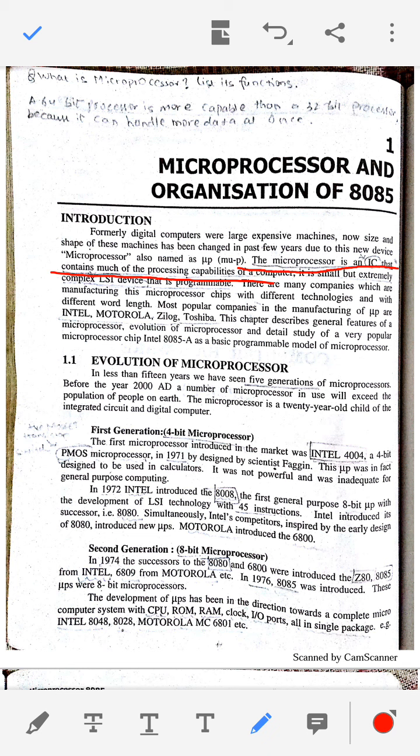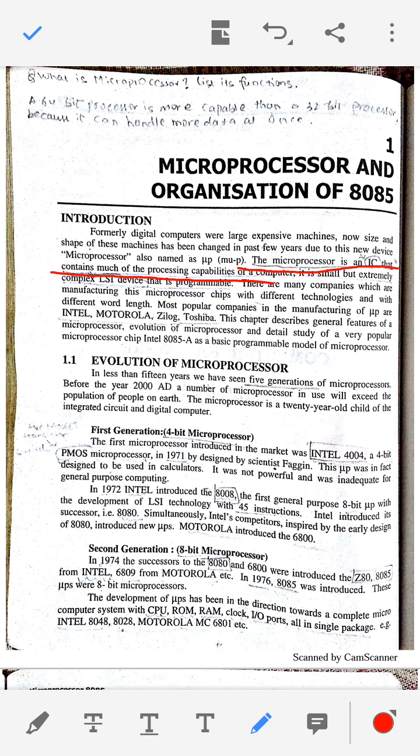There are many companies which are manufacturing microprocessors, and the most popular companies are Intel, Motorola, Zilog, Toshiba. In this chapter, we are going to learn different features of microprocessors.